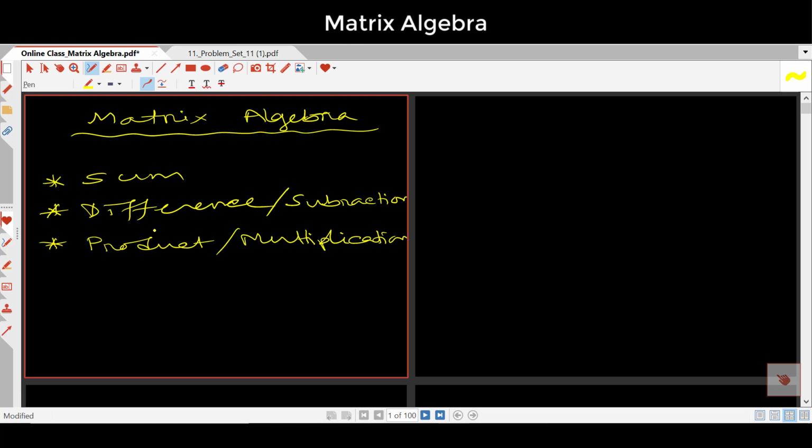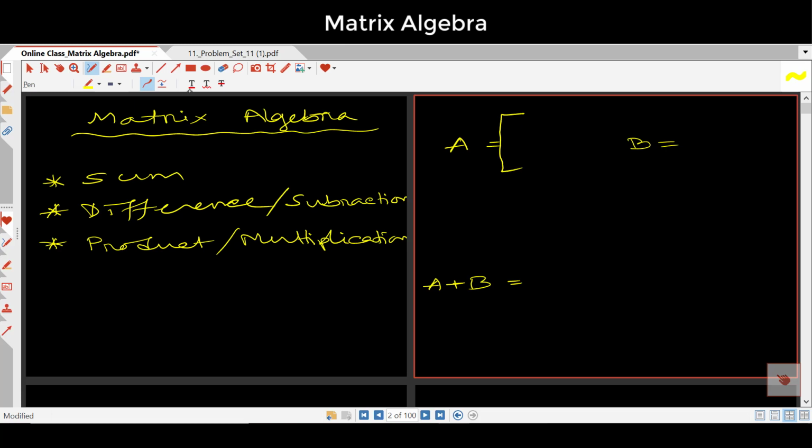Suppose we have two matrices, matrix A and matrix B. So we have to add these two matrices. So what will be the addition?